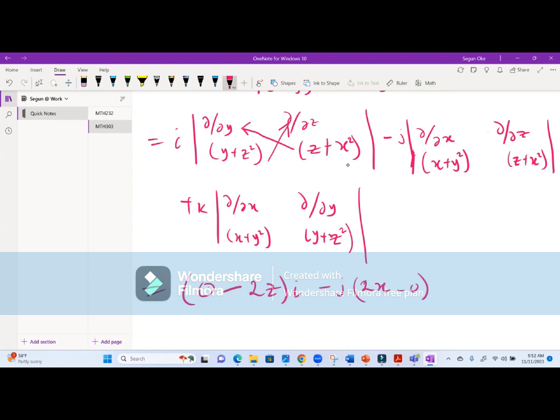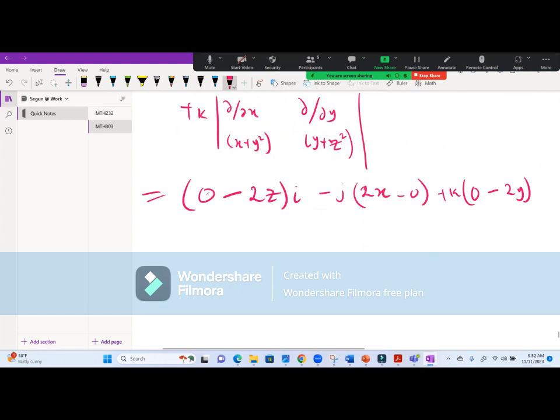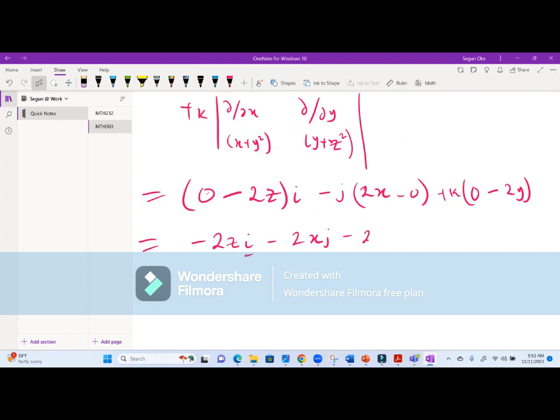So plus k. Let's look at the k. It turns to 0 minus 2y. So you can see that without this now, we may not be able to solve it. So you have minus 2zi minus 2xj minus 2yk.